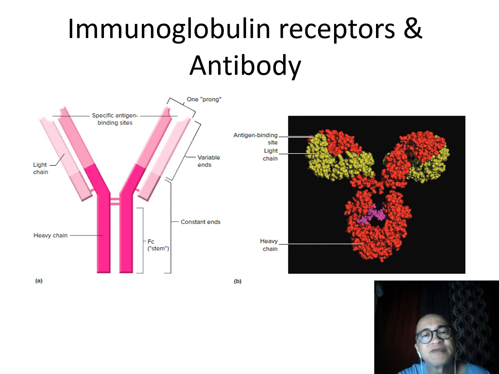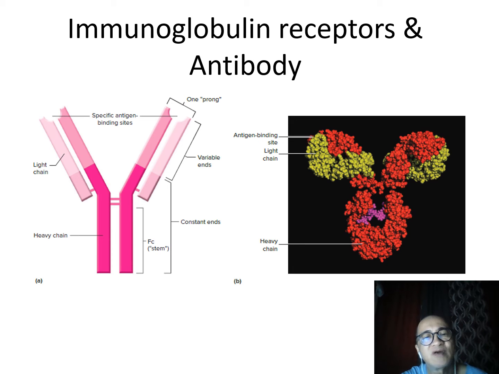B cell receptors and plasma cell antibodies are Y-shaped proteins that constitute the family of proteins known as immunoglobulins. Although the B cell receptors are structurally similar, only secreted immunoglobulins from plasma cells are technically classified as antibodies. When bound to the plasma membrane of B cells, they are simply called immunoglobulin receptors.